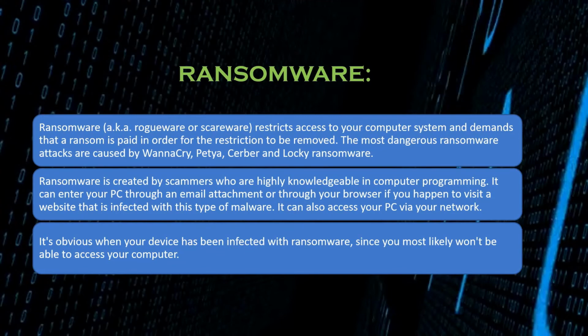It can also access your PC via your network, like you're infected with malware. This is also a type of malware, and it can spread through email attachments or through your browser. Some examples are WannaCry, Petya, Cerber, and Locky ransomware.